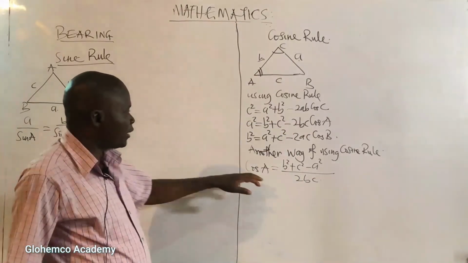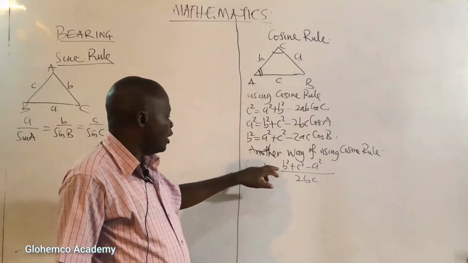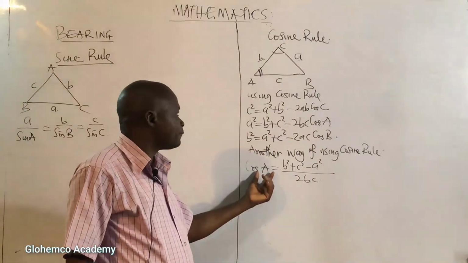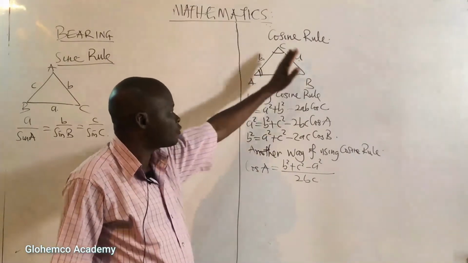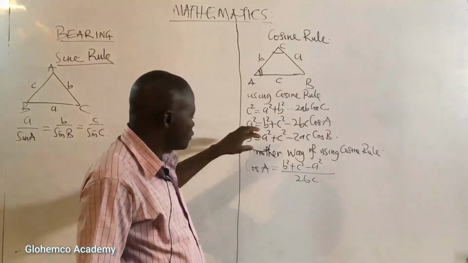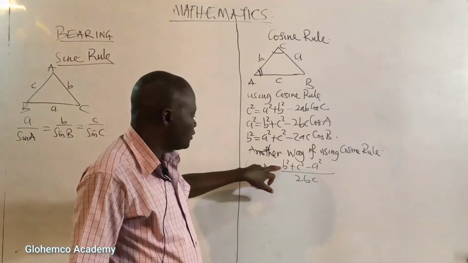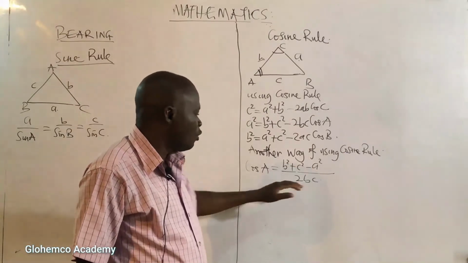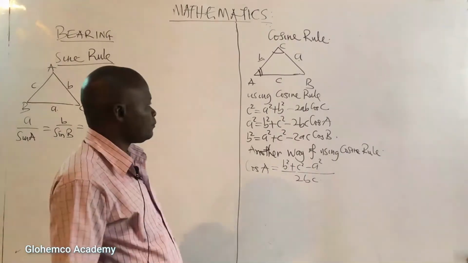This is the formula to apply. As long as you want to find angle A, it means all the three sides of this triangle must have been given. Then you now use this formula, the value of b squared plus c squared minus a squared all over 2bc.